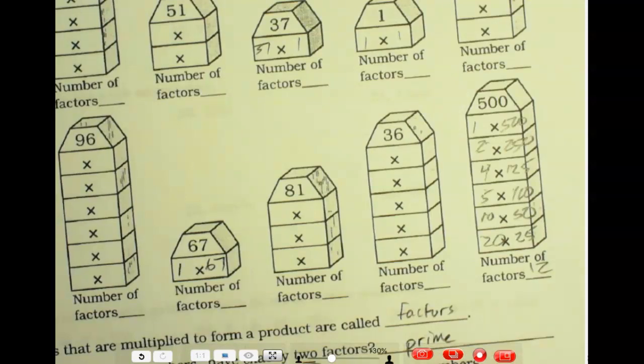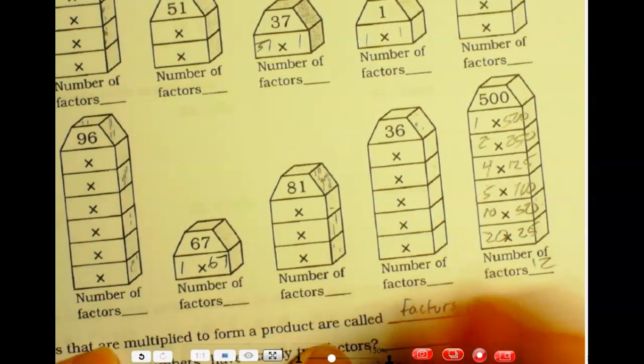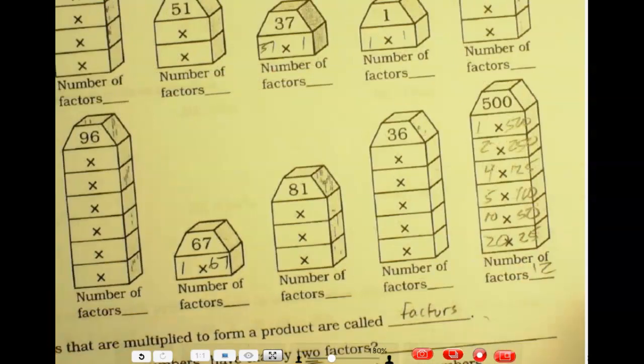Numbers that have exactly 2 factors are called prime numbers. In this one, which towers have numbers with exactly 2 factors? I guess we have to go back and answer those. I guess they want us to put down 13, 37, 1, and 67.